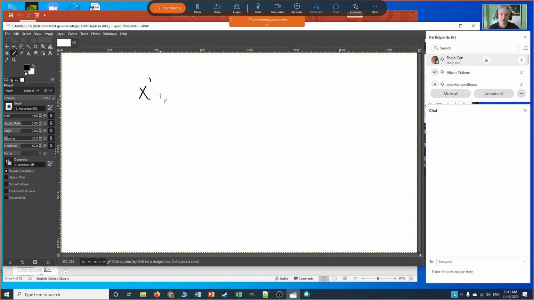If you want to write x prime, the new coordinate of a vertex with respect to the previous coordinates, it has x, y coordinates and some constant number. Let's call this constant number c. So this will be a linear transformation, ax plus by plus c.